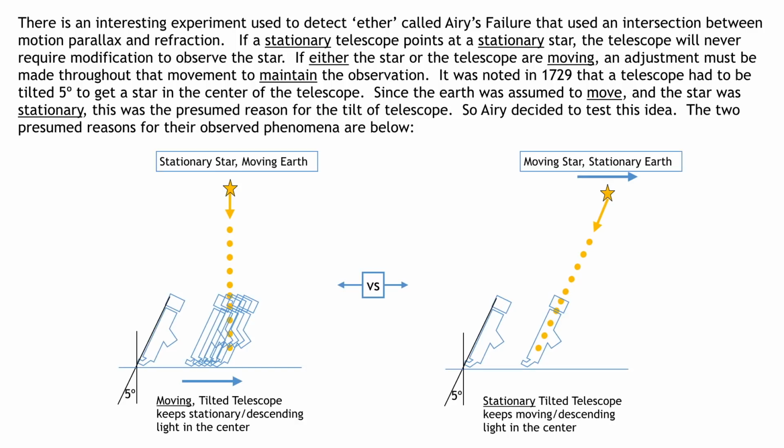In other words, as this star moves from left to right across the page, it's dropping these droplets of light, and they are maintaining themselves as the star gets further and further to the right within the center of the telescope. So again, a stationary tilted telescope keeps the moving descending light in the center.